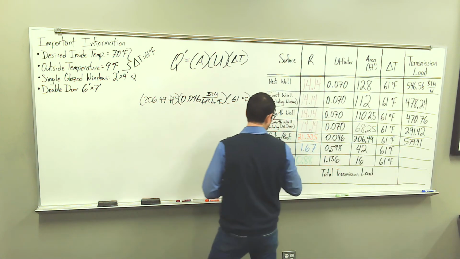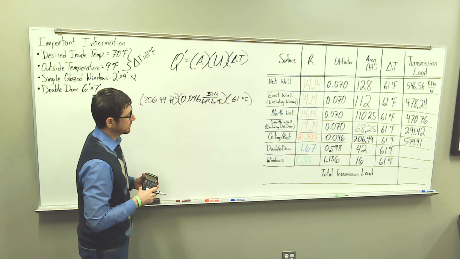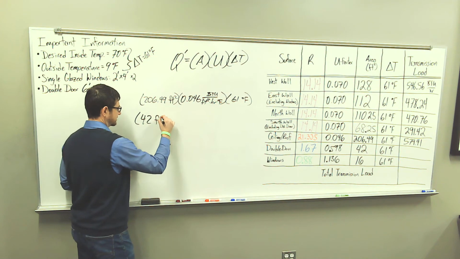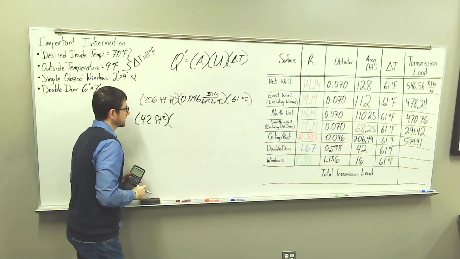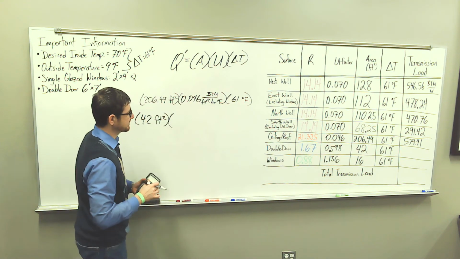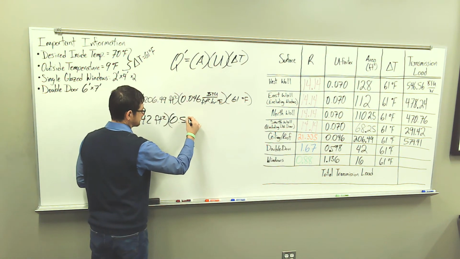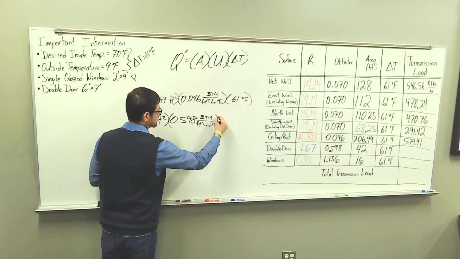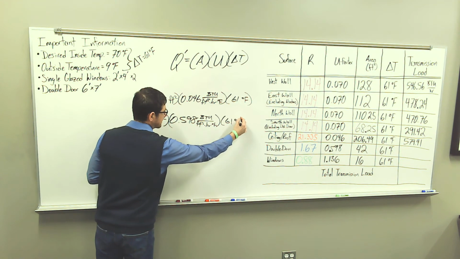Next, our double door. The area of the double door is 42 square feet. The U factor is 0.598, times 61 degrees Fahrenheit.